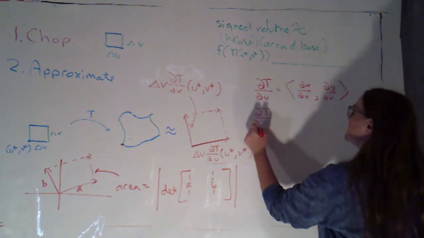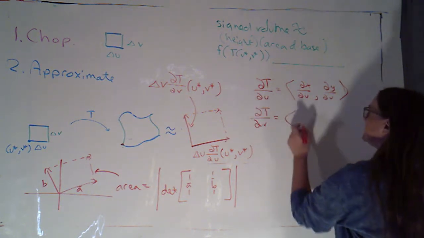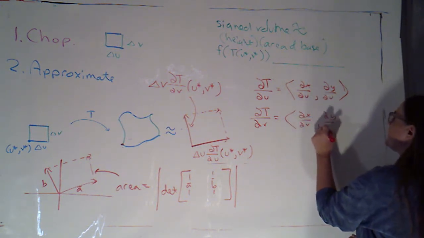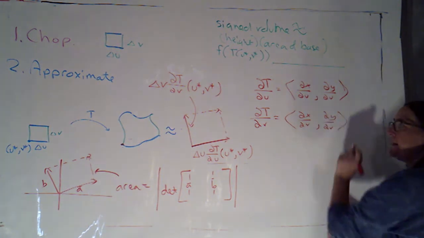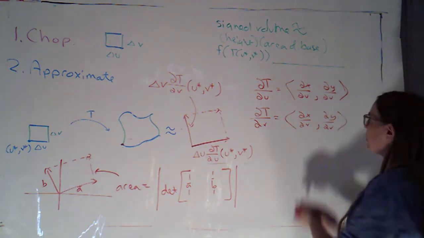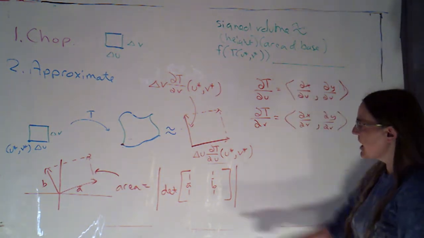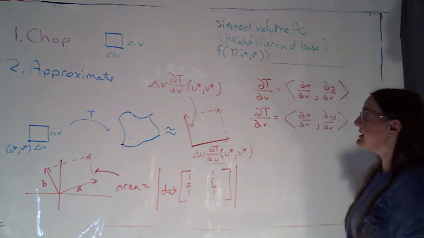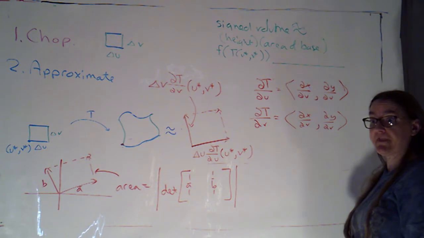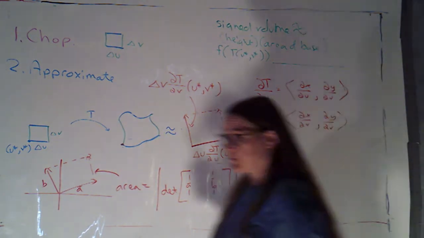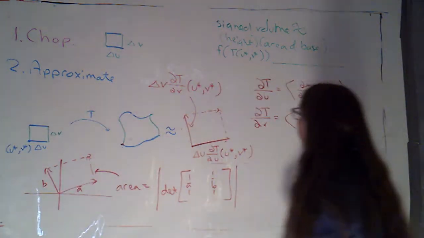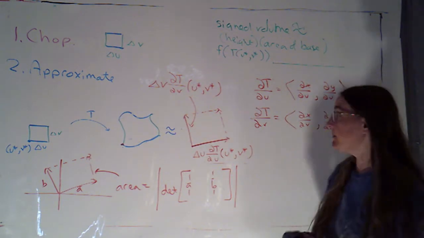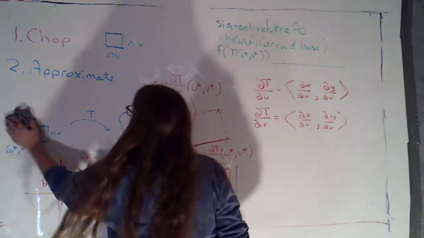And the partial of T with respect to v is going to be the partial of x with respect to v, partial of y with respect to v. Now I'm writing these as rows because that's what we're used to in writing our vectors. When I create this matrix, though, I'm just going to put them in as the columns of that matrix. So, and this is just the partial derivatives. Don't forget, I'm going to want to scale them by delta u and by delta v.